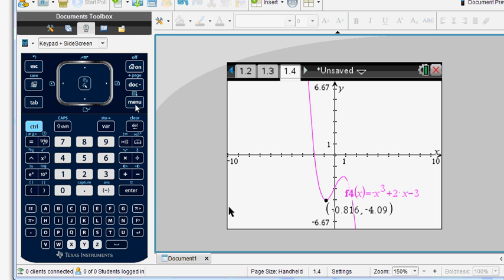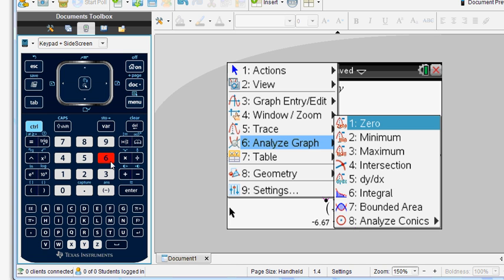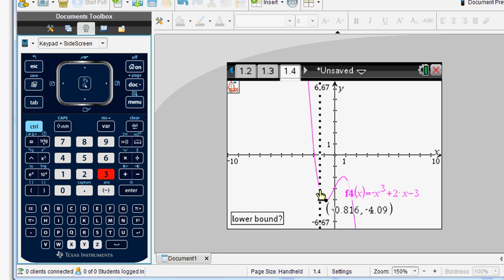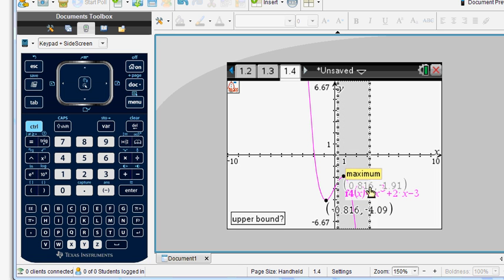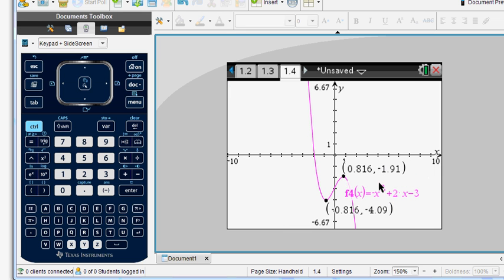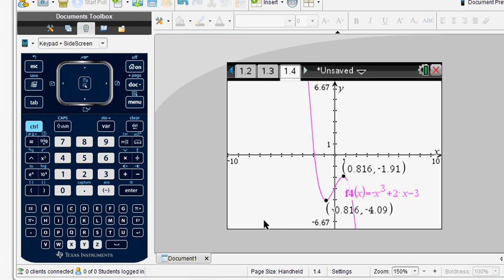Let's analyze and find that local maximum. So go to Menu, Analyze Graph, Maximum, and we look for left bound here and right bound here, and we have our maximum. It's a local maximum of negative 1.91 at x equals 0.816, which is rounded off to 0.82 according to the instructions.